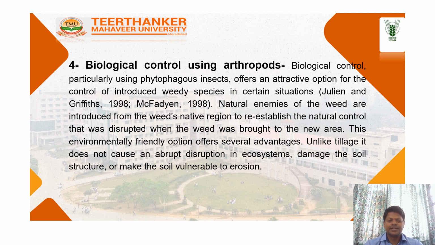This environmentally friendly option offers several advantages. Unlike tillage, it does not cause ecosystem disturbance, damage the soil structure, or make the soil vulnerable to erosion. So here is mentioned weed control by biological control.